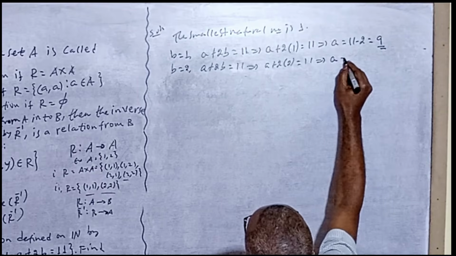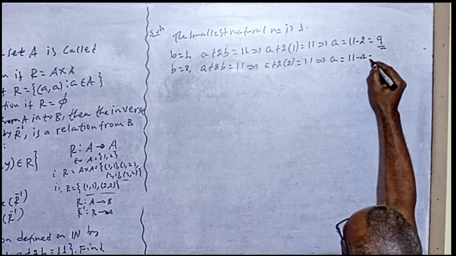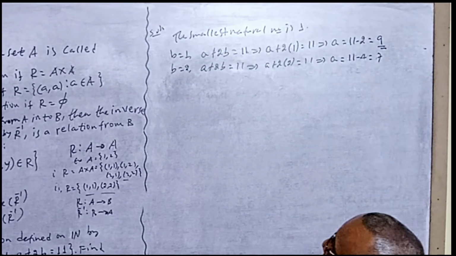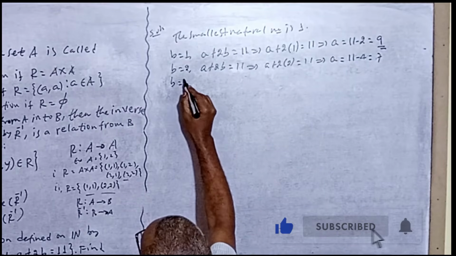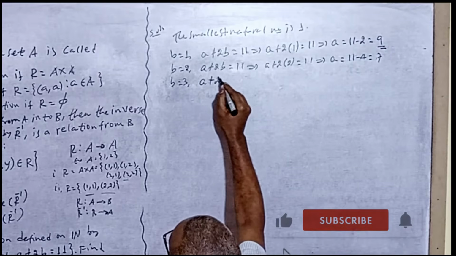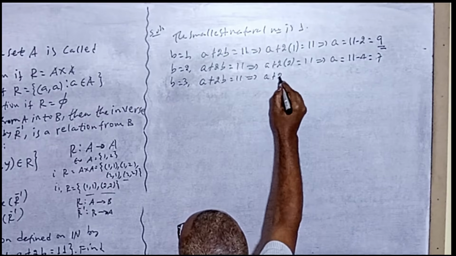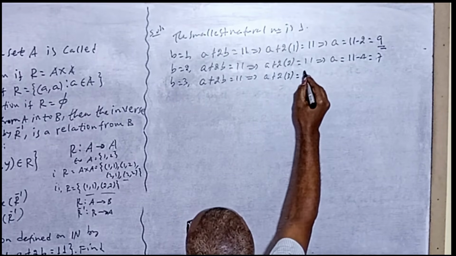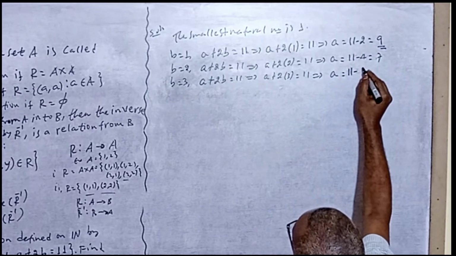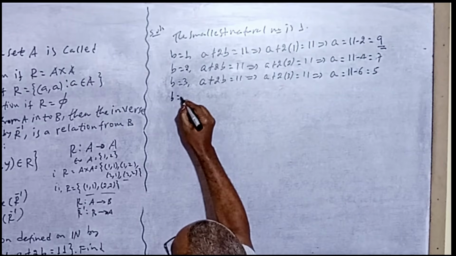This implies a is equal to 11 minus 2 times 2, which is 4, so a is 7. When b is equal to 3, a plus 2 times 3 is equal to 11. This implies a is equal to 11 minus 6, which is equal to 5.